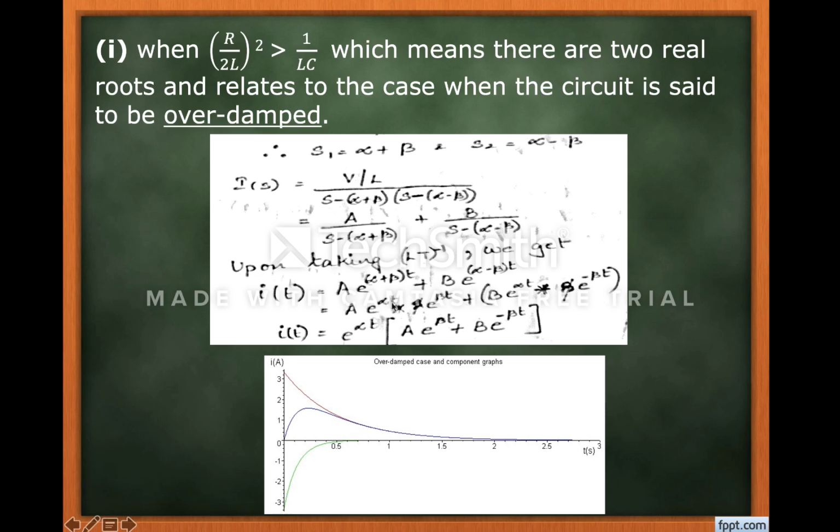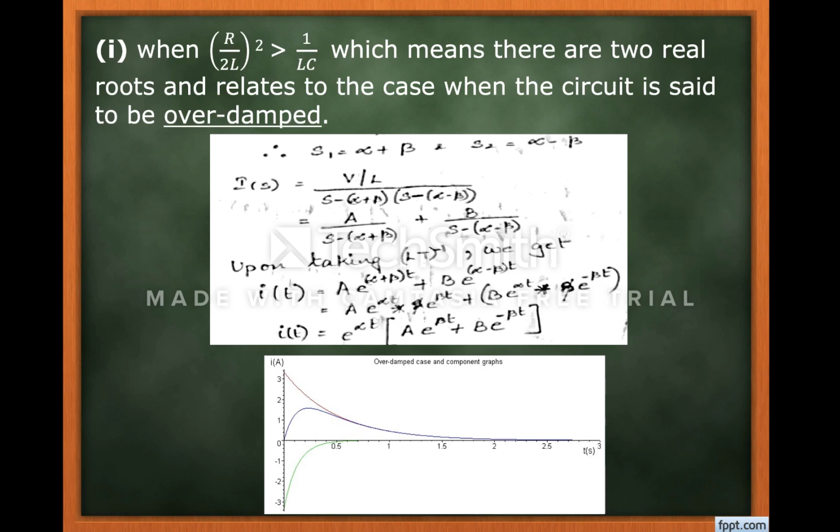In accordance with that, if we plot a curve, an addition of two exponential curves will make the response slow and sluggish. It means that it takes time for the system to undergo its transient behavior, and then it settles down very late.